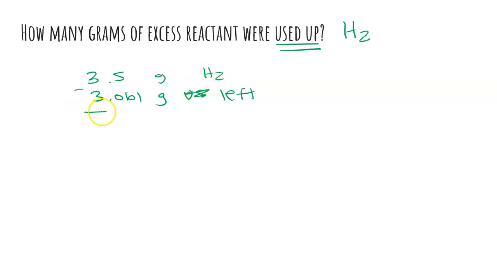So we could simply subtract that. 3.5 minus that 3.061, and there's 0.439 grams of hydrogen that were used in the reaction, which is really, really small. Like, we didn't use much of the hydrogen because the chlorine limited it so much.